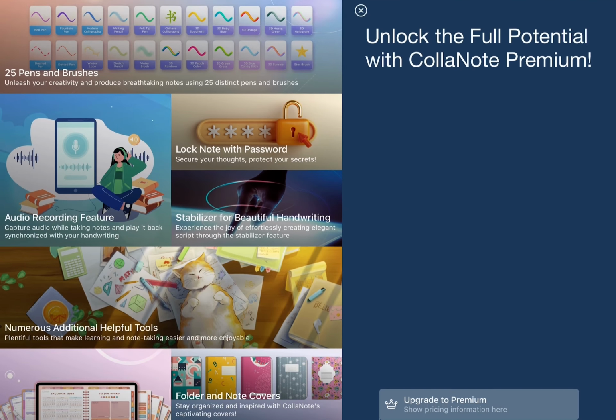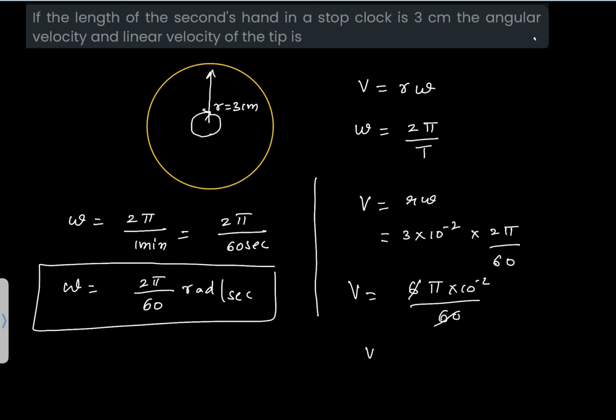So finally v equals pi by 10 into 10 to the power of minus 2 meters per second. If you want, you can simplify this by writing pi as 22 by 7 or 3.14. I'm leaving it as it is. Let's move to the next numerical.